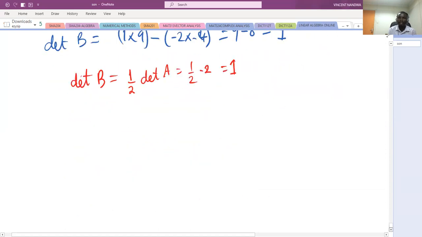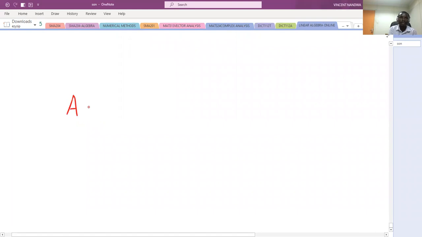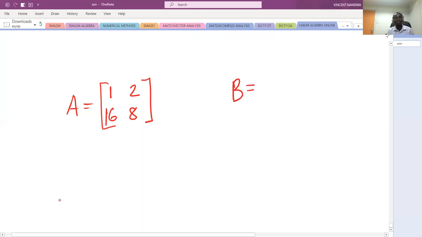Or we can have another example. If A is this matrix 1, 2, 6, and then say 8, and then I have B, let me say this is 16.